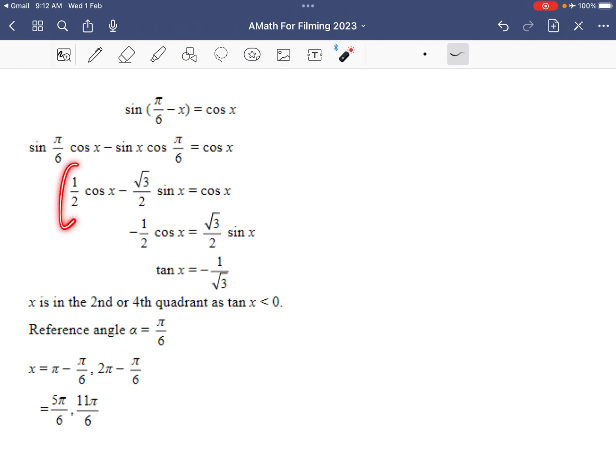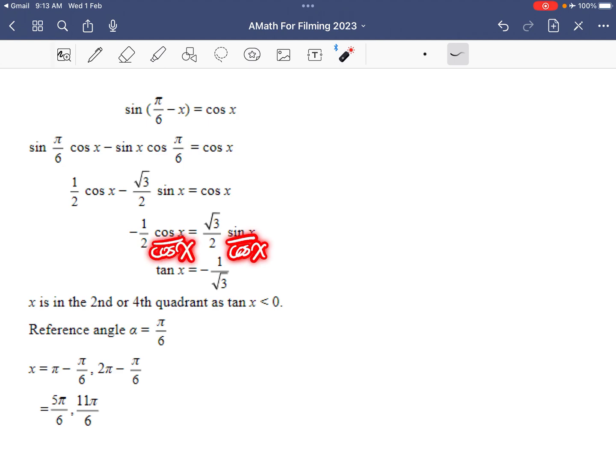Then what I can do here is this, sine of 30 degrees is half, cosine of 30 degrees is square root 3 over 2. I start to rearrange, collect the terms, half cosine x, and this cosine x will give you negative half cosine x, and this root 3 over 2 sine x will be over here.